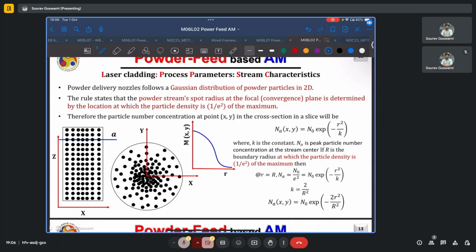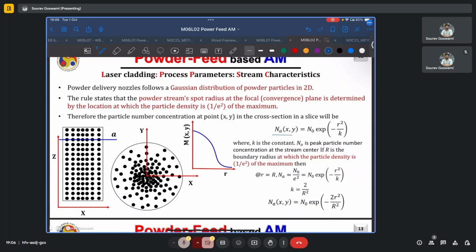Therefore, the particle number concentration at any point x,y in a plane which is characterized by A here, the subscript A, in the cross section in a slice will be given by Na at a position x,y is equal to n naught e to the power minus r square by k, where k is a constant.